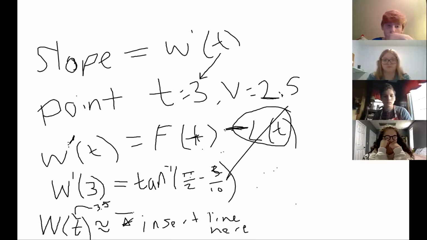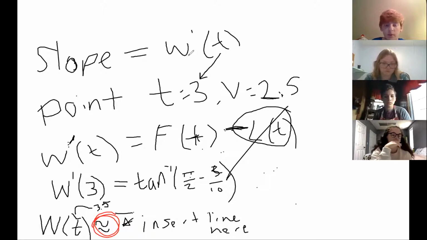So W, notice I have, let me change the color so it'll stick out a little bit more. Notice this approximate symbol down here. So that's not saying I have W, it's saying I'm approximating W with this line that I wrote. So that's that first part of part A. It asks for the approximation. It asks for the line that could approximate anything.